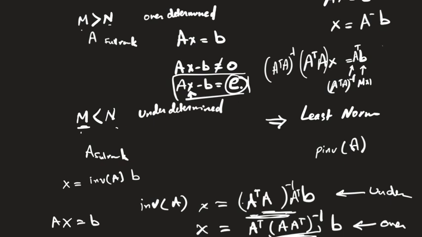Similarly here, by the way, the pinv is not the full solution. The pinv is just this part of the equation, and then you can take that and either multiply it by A transpose from the left and then B from the right to get the overdetermined solution case, or you multiply it by A transpose from the right and then B from the right to get the solution for the underdetermined case, okay?